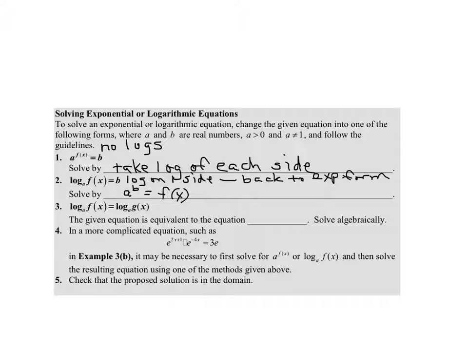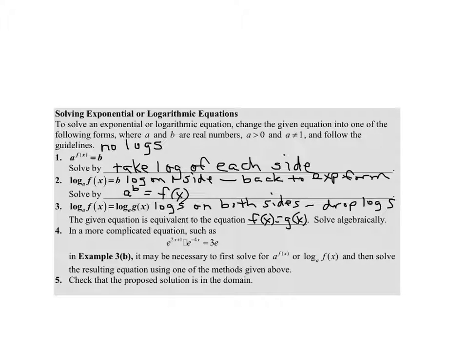Third type is if I see logs on both sides. And if I see logs on both sides, and it has to be a single log on both sides, so sometimes, as we saw, we have to clean up first, then what happens is we drop the logs. And that means that if log base a of f of x is equal to log base a of g of x, we drop those logs, and it must be true that f of x equals g of x.